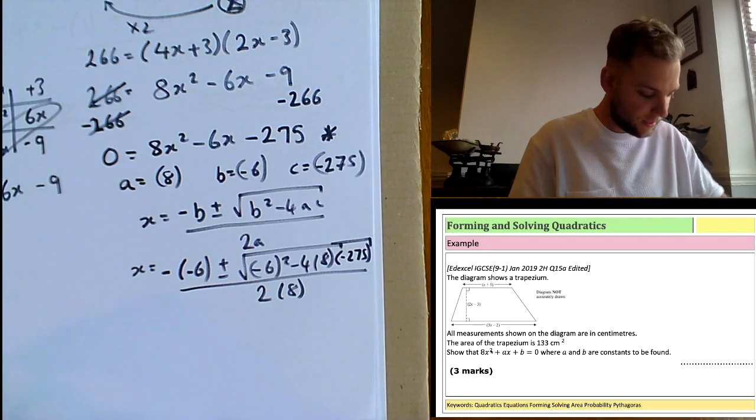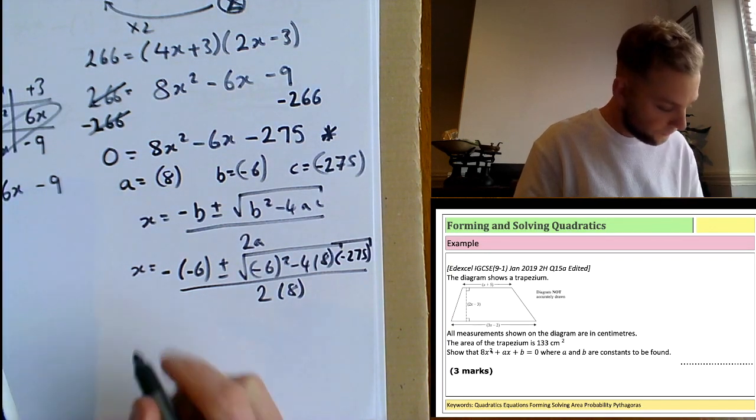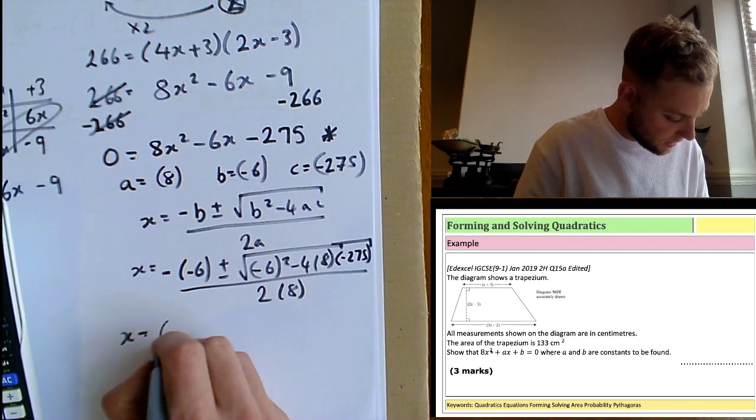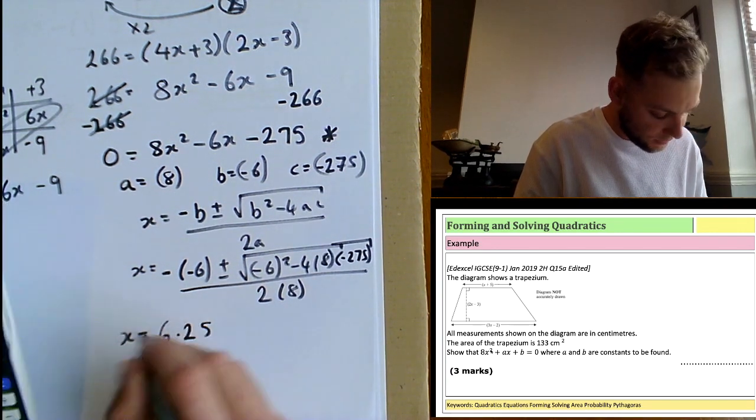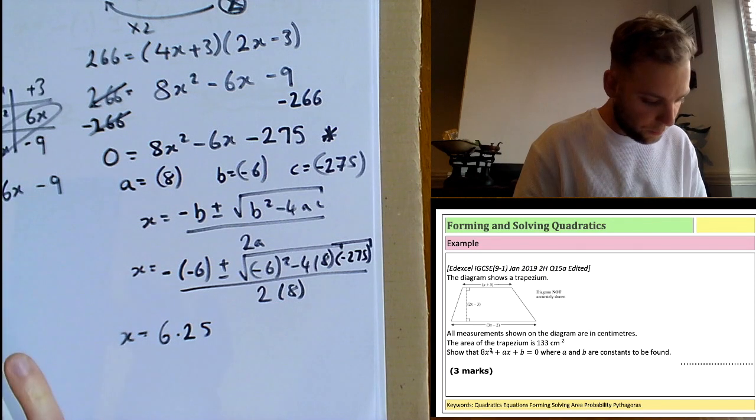So we end up with 25 over 4. So X is equal to 6.25. And we can go back and find out what it is.